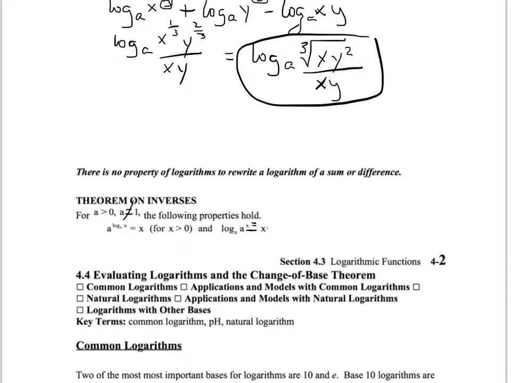So the remaining example we have for theorem on inverses gives us an explanation of one property we've already discussed, but another one that you probably haven't seen but is easy to understand. If you were to change this first property, a raised to the log base a of x power equals x, into log form, look at what you would have.